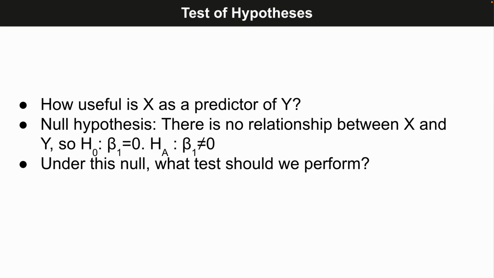Okay, why a t-test? Why not a z-test? Yeah, population variance is not known, right? So you know the properties of beta 1. You know what its mean is.